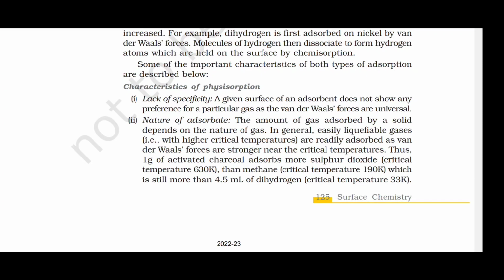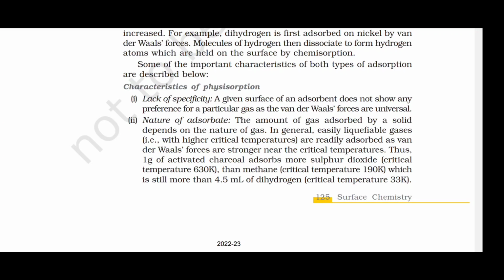Characteristics of physisorption. First, lack of specificity. A given surface of an adsorbent does not show any preference for a particular gas as the van der Waals forces are universal. Second, nature of adsorbate. The amount of gas adsorbed by a solid depends on the nature of the gas. In general, easily liquefiable gases, that is, with higher critical temperatures, are readily adsorbed as van der Waals forces are stronger near the critical temperatures.